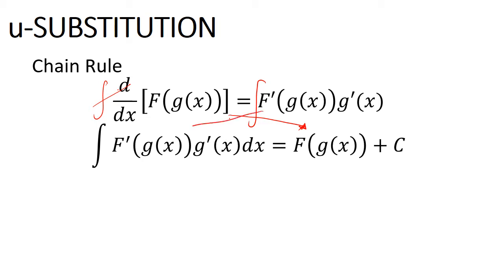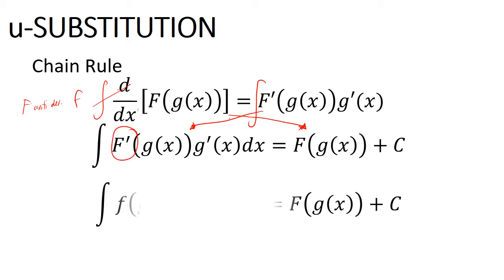Then we have also here, the right side move to the left side. And since sabi natin na the capital letter F is the antiderivative of small letter f, then we can change this into this equation, okay, by the fundamental theorem of calculus.